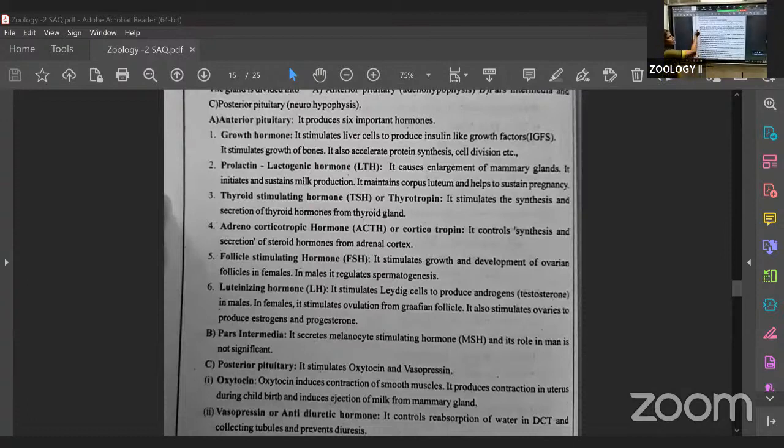The already we discussed about the anterior pituitary means where the pituitary is located.